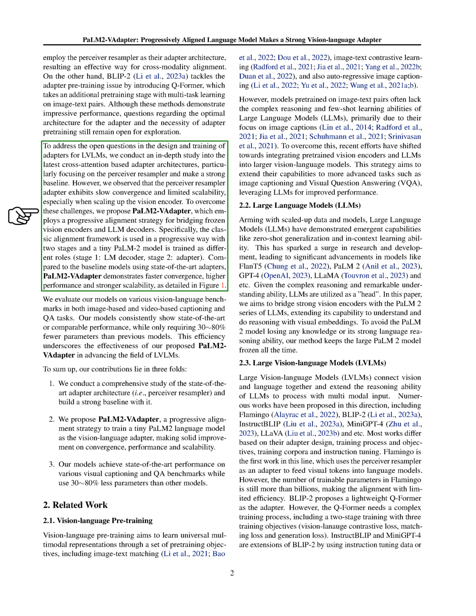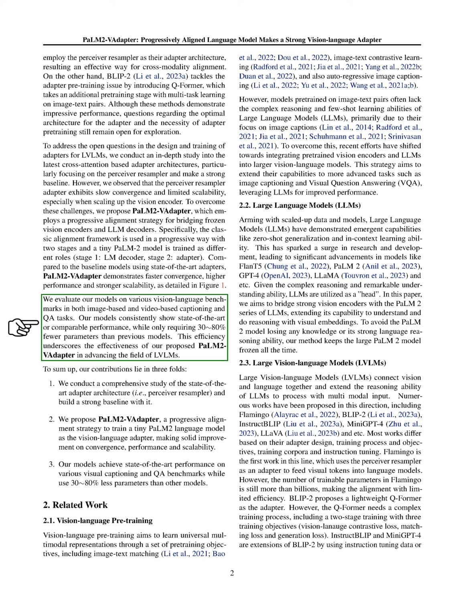Specifically, we apply the classic alignment framework progressively in 2 stages, and train a tiny PaLM2 model to serve different roles. Stage 1, as an LLM decoder, Stage 2, as an adapter. Compared to baseline models that use state-of-the-art adapters, our PaLM2-VAdapter achieves faster convergence, higher performance, and better scalability, as detailed in our results.